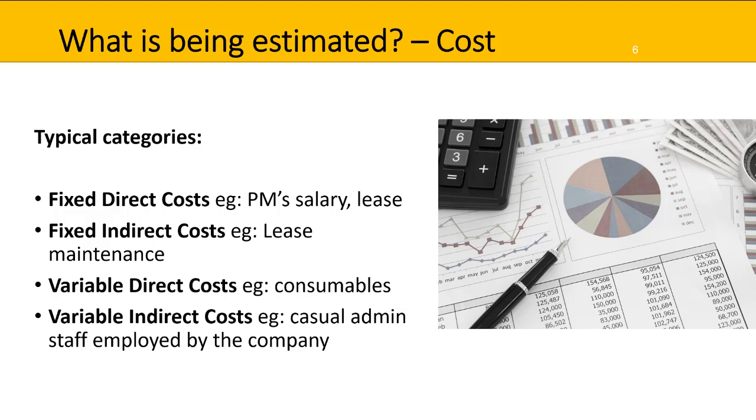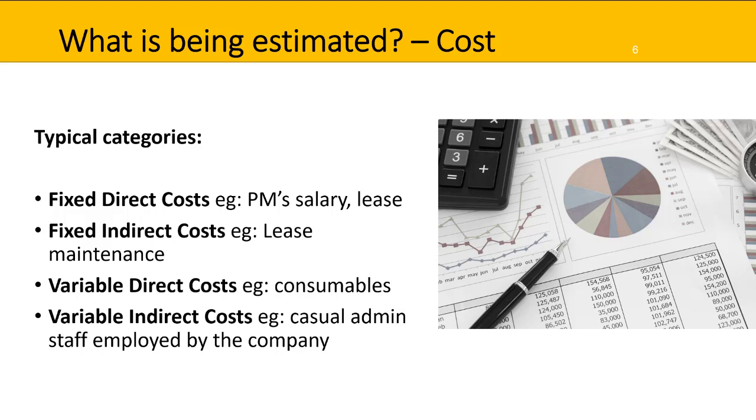Next is variable direct costs. So again, a direct cost to the project, but the amount will vary month to month or week to week. So for example, consumables, the more you need, the more it costs in 1 month, maybe you need less the next month. This might also be the same for casual staff and other things that can vary in their need and amount from month to month.